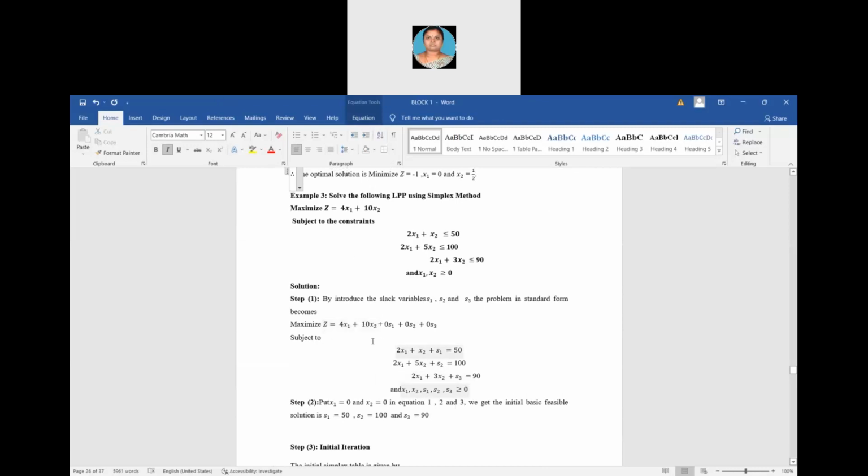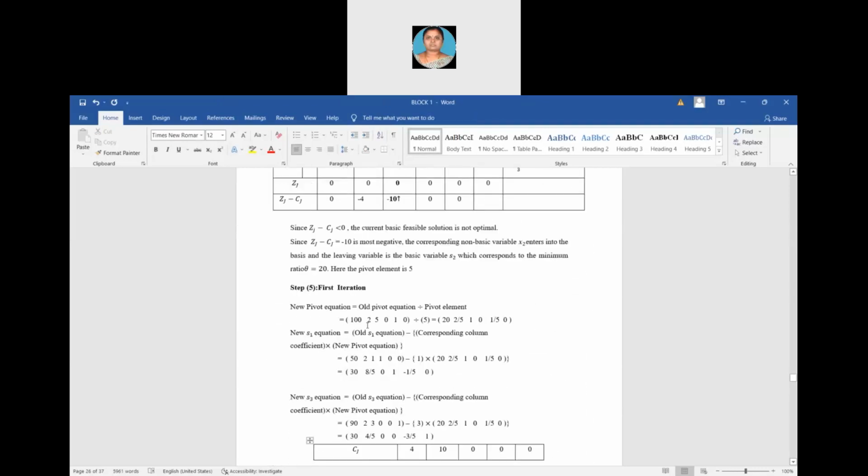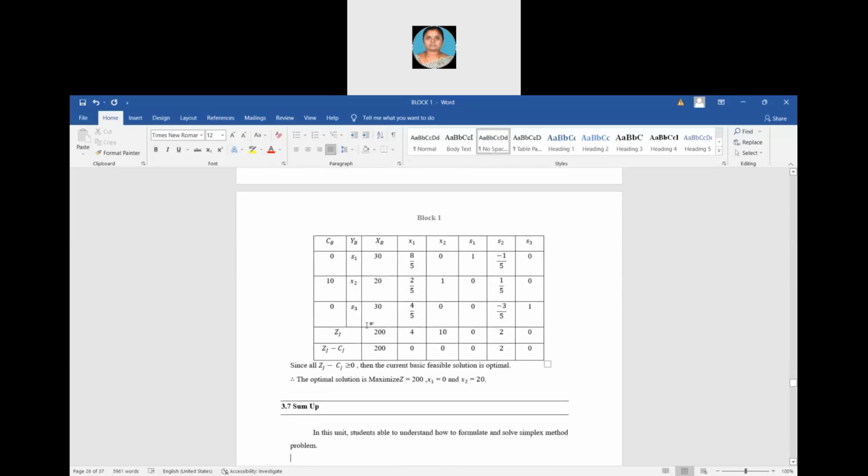In this, only the x2 value contributes. What we have got here for x2, that value you can fix. Therefore you will be getting 10 into 20, which is 200. So therefore the maximum Z is equal to 200.